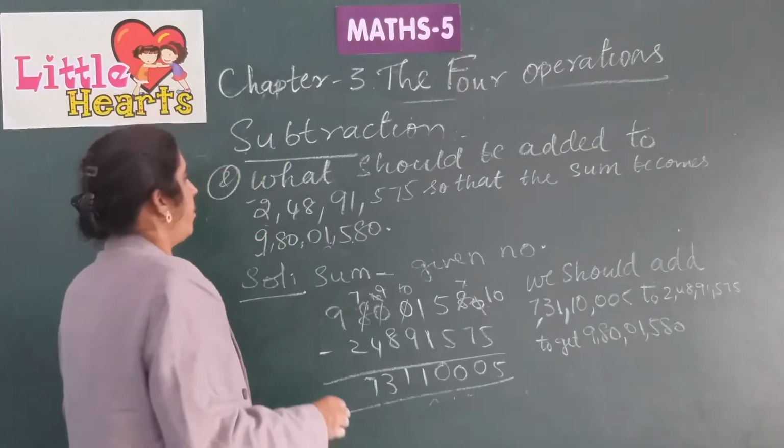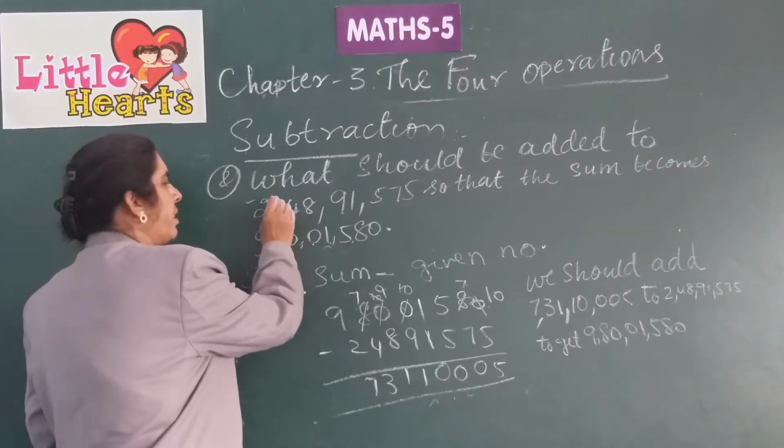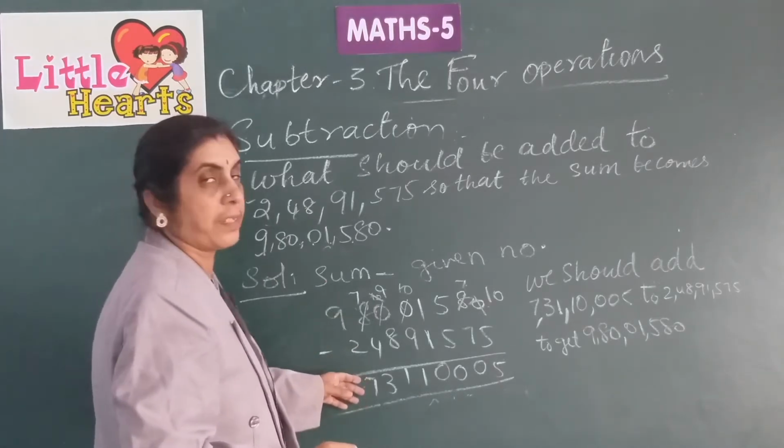So for this what should we do? The bigger number minus the given number, the sum minus given number, we will get the number to be added.